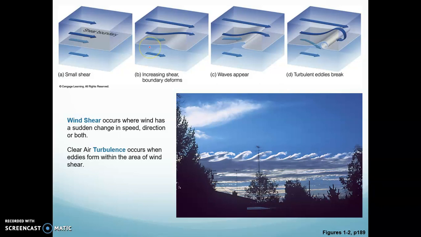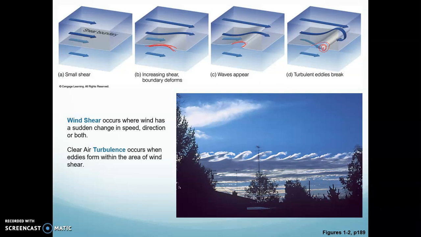As the two winds, which are moving at different speeds, move past each other, the layer in between the two layers of air starts to deform and forms a bit of a wave format. Pretty soon it starts to roll up into something we call an eddy, or turbulence.